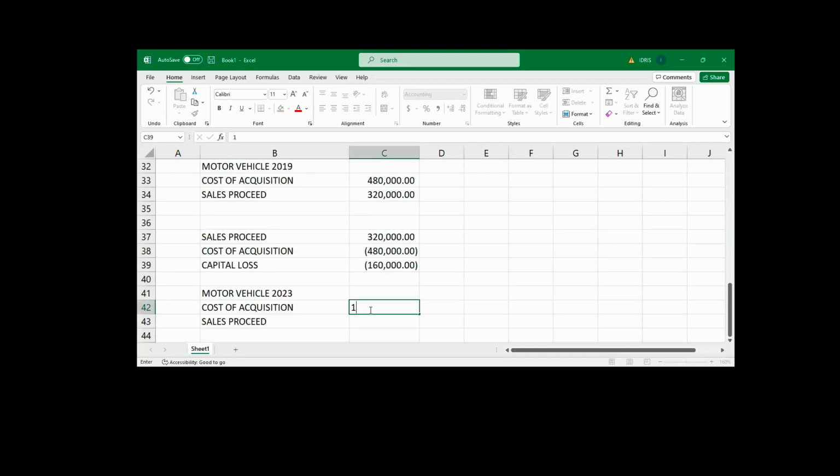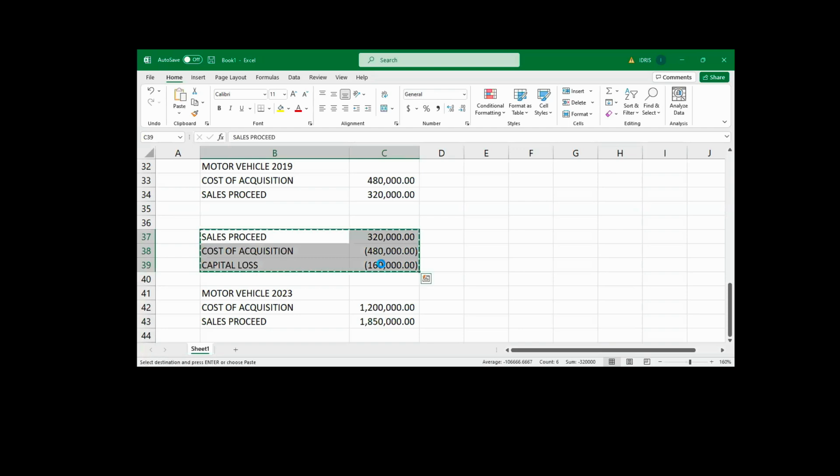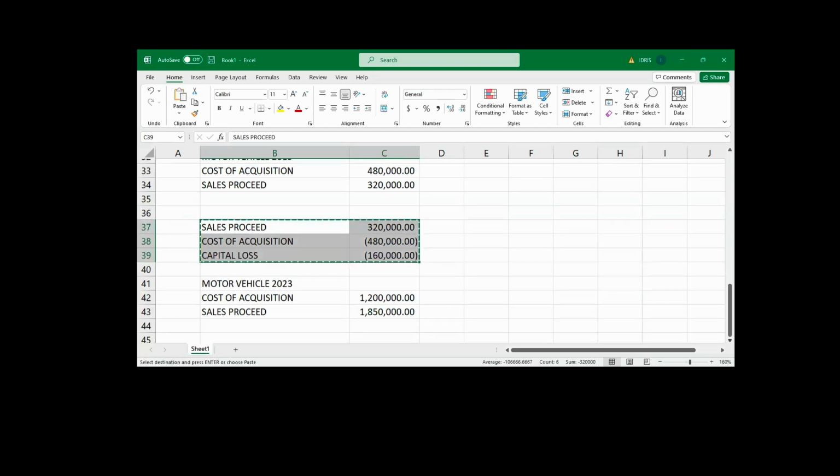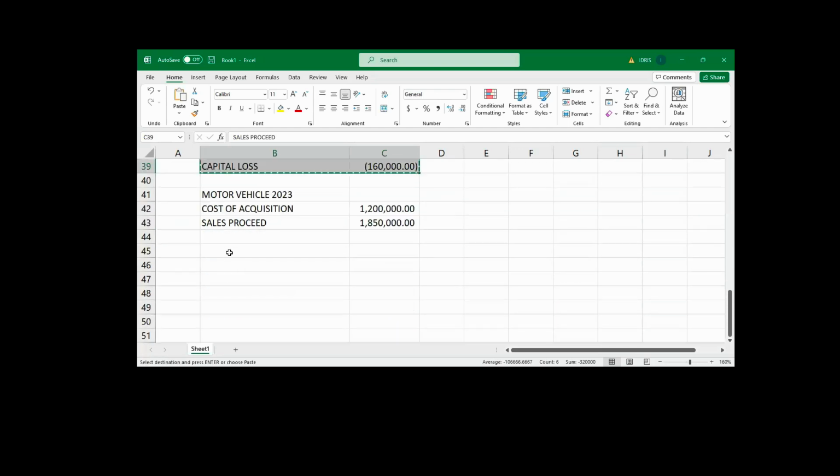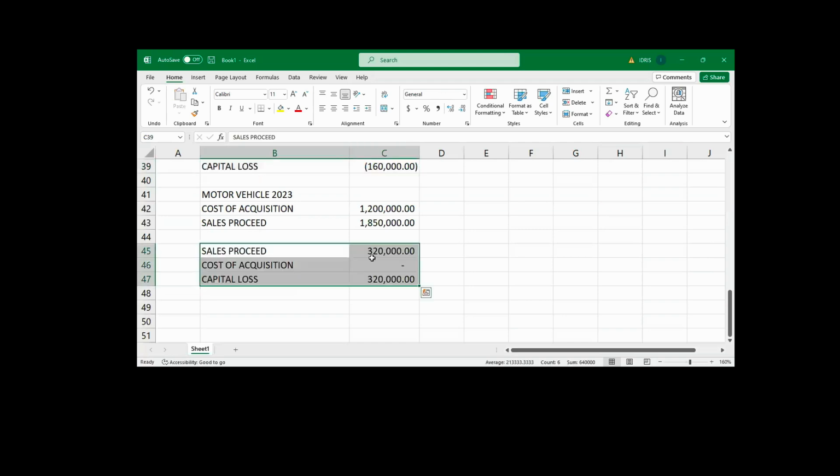How much did you buy the motor vehicle that you sold in 2023? You bought it at 1,200,000. You sell it at 1,850,000. In this case now, are you making a gain or loss? You're making a gain.